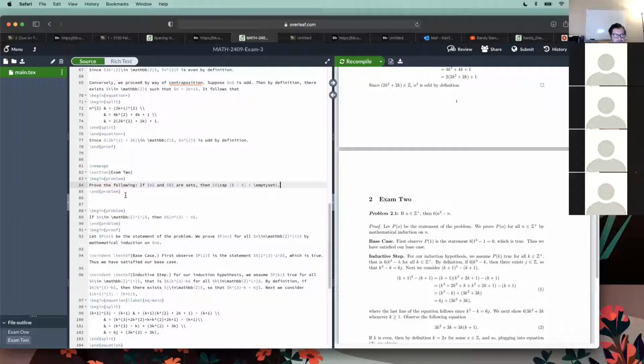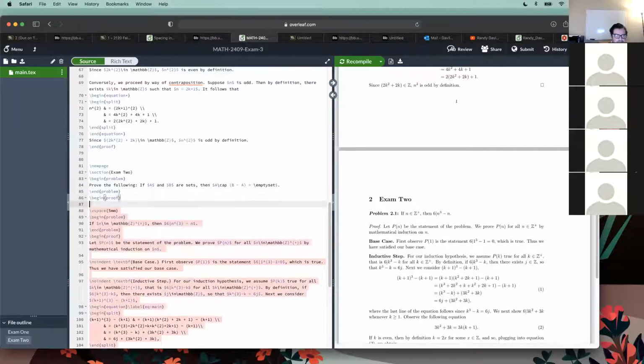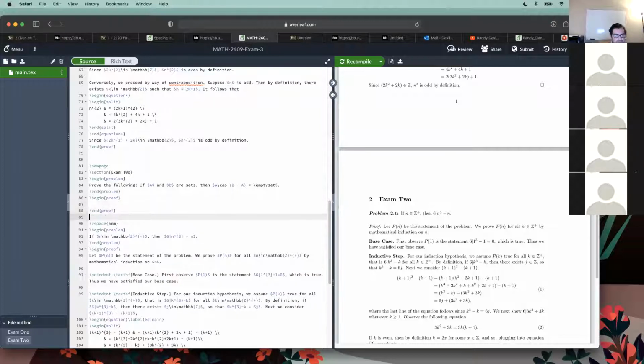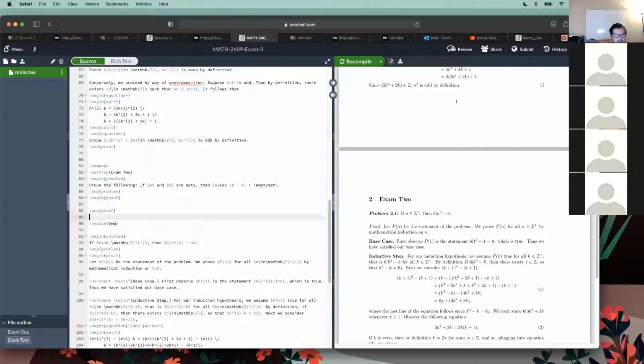Okay, so then maybe I'm going to put some space down here, B space 5 millimeters, and put my proof right here. Begin proof. And end proof. I like to space these things out a little bit.